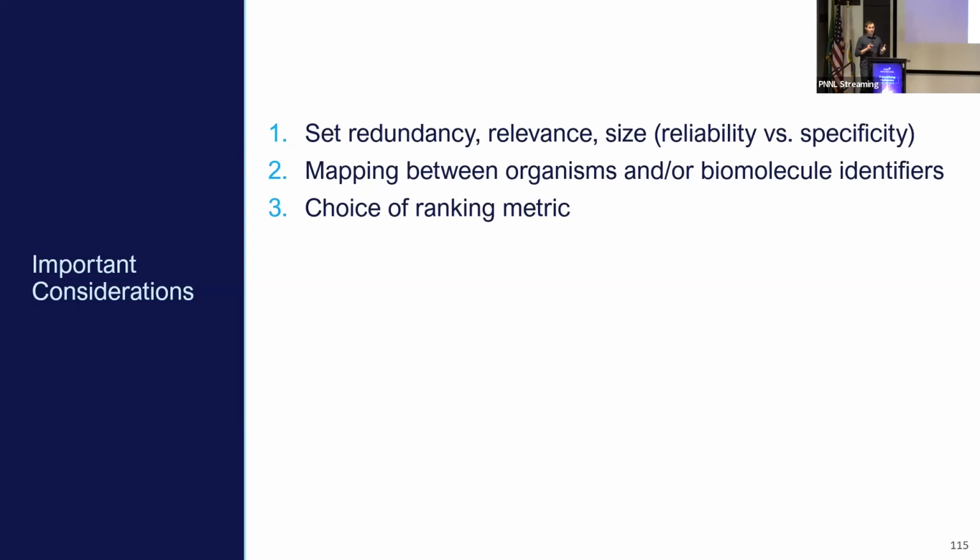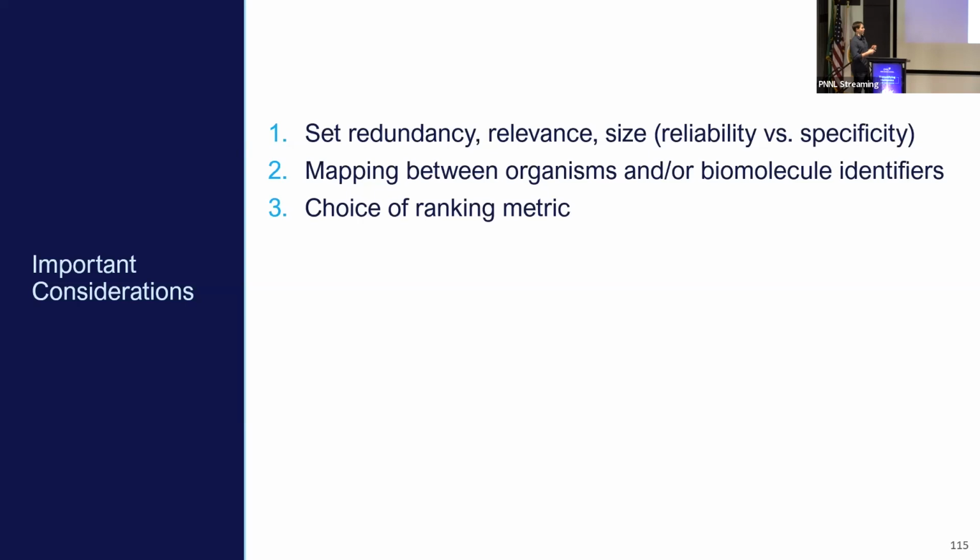If I have data from, let's say, brain tissue, I probably don't want to be testing muscle-related terms. That's not really going to tell me anything. So you want to limit your sets down to what you think is going to be interesting. Sure, you can throw everything at it, but be aware that you're going to have to adjust across everything.